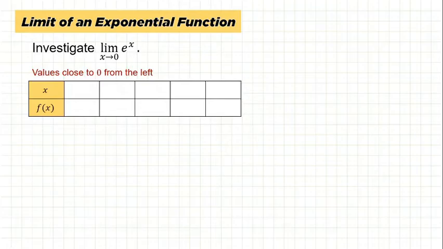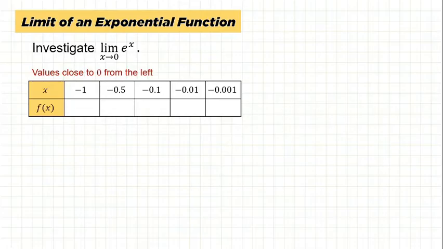I will be considering the values close to 0 from the left. So we have here negative 1, negative 0.5, negative 0.1, negative 0.01, negative 0.001. Our values of x here move closer and closer to 0 from the left.